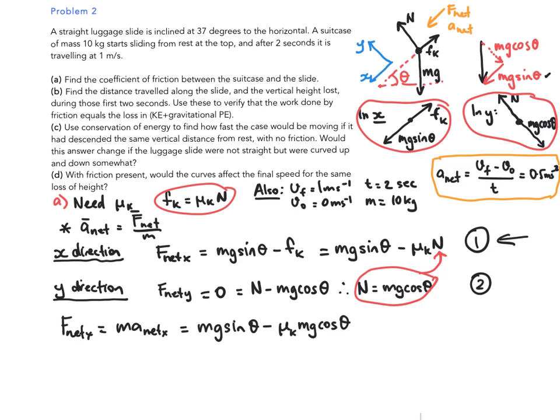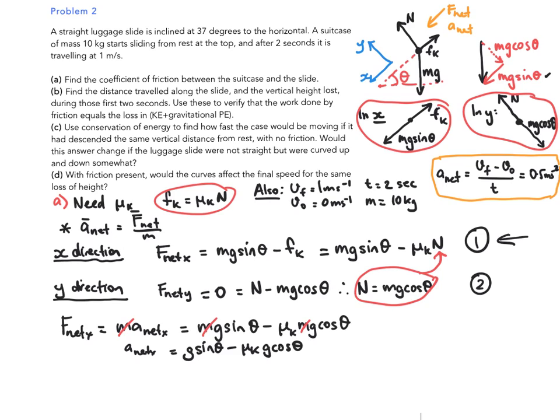This is nice because the m's all cancel out, so it doesn't matter about the mass. We get left with a net x equals g sine theta minus mu k g cos theta. Great.